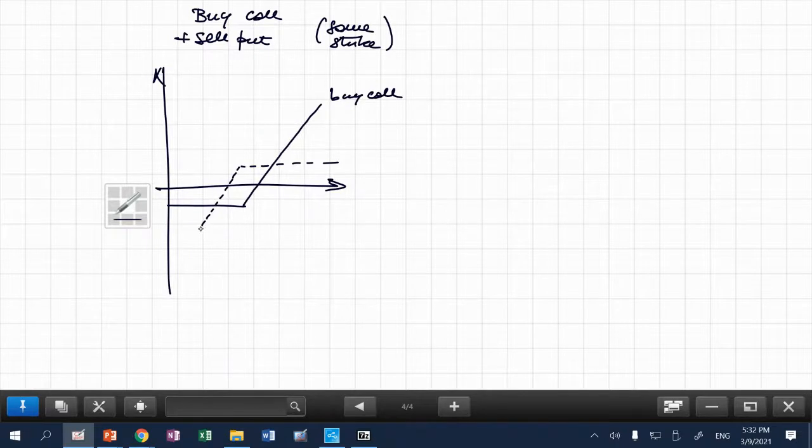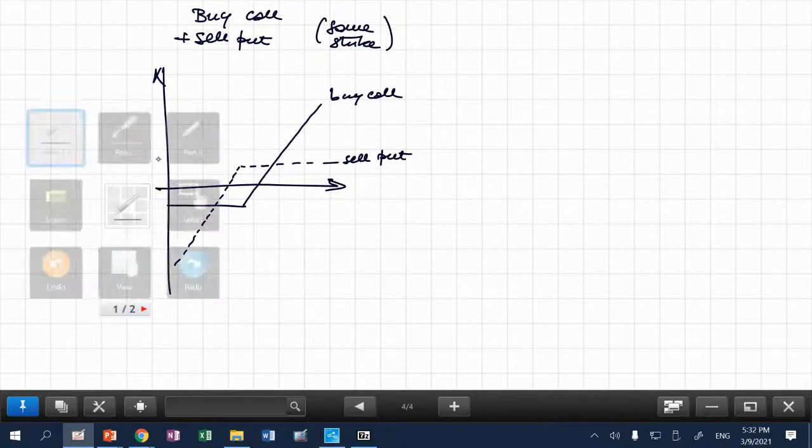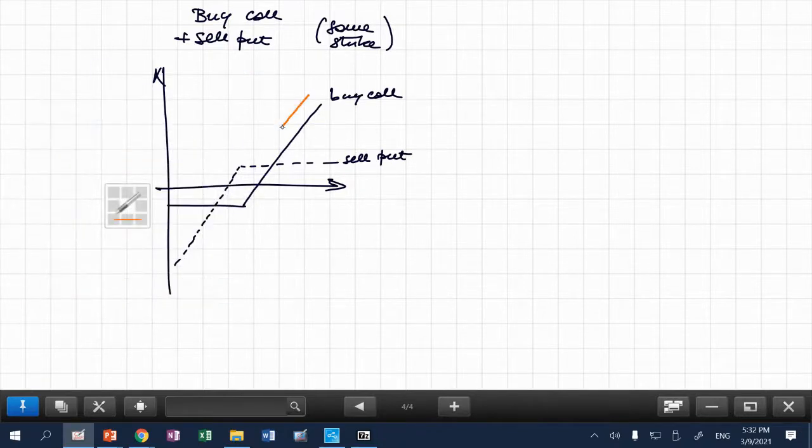This is the P&L of selling the put option. It's pretty evident that the combination of the two would just be what? Would be a long future position.